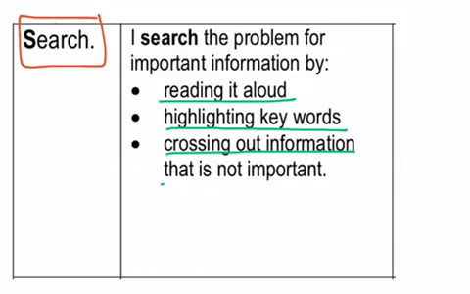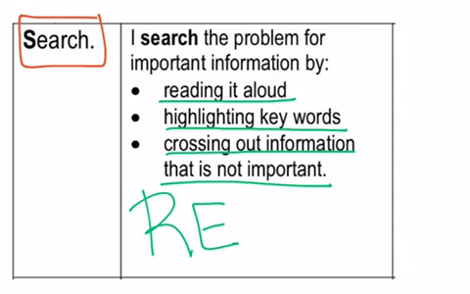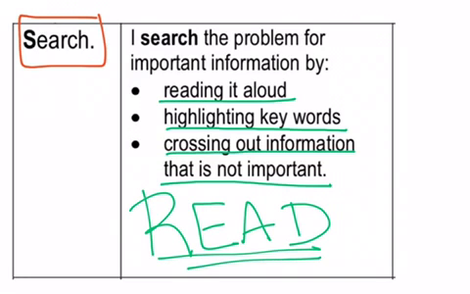Crossing out information that is not important. So the first thing you do with the word problem, and do not forget it, is read the problem. A lot of times we just jump in looking for numbers and start adding them or subtracting them or multiplying them or dividing them, but no, we need to read the problem first.